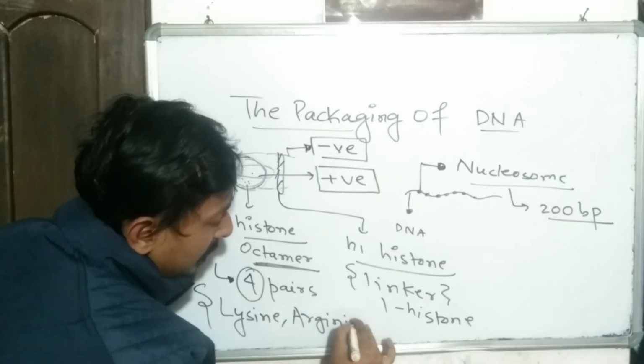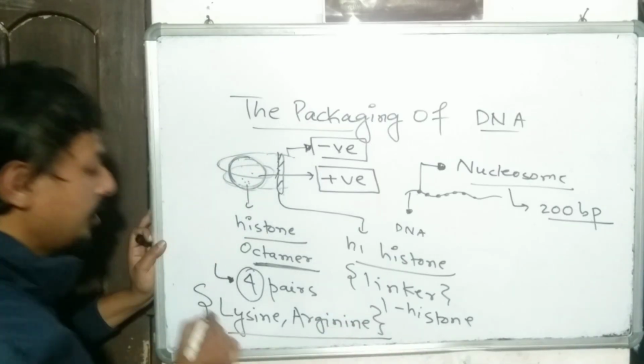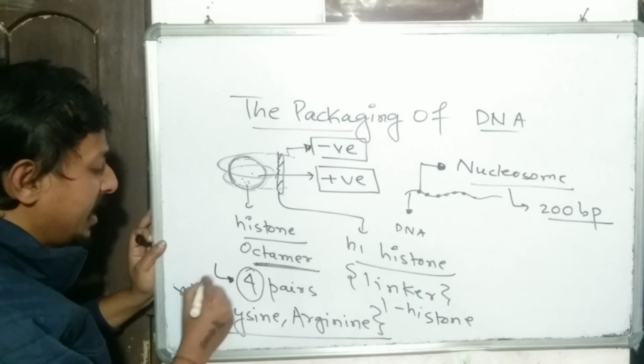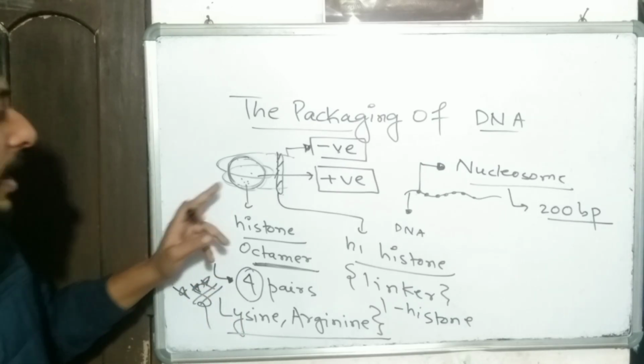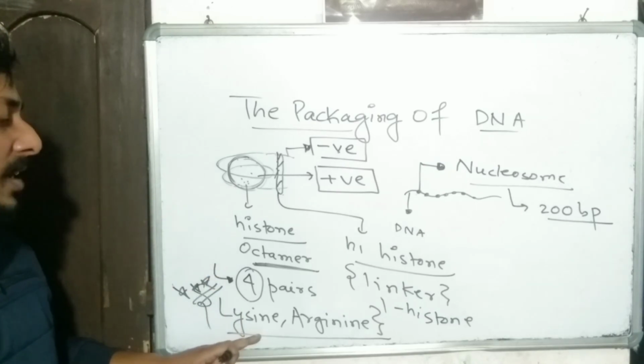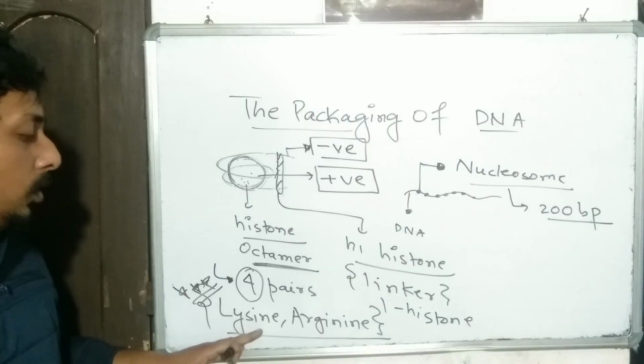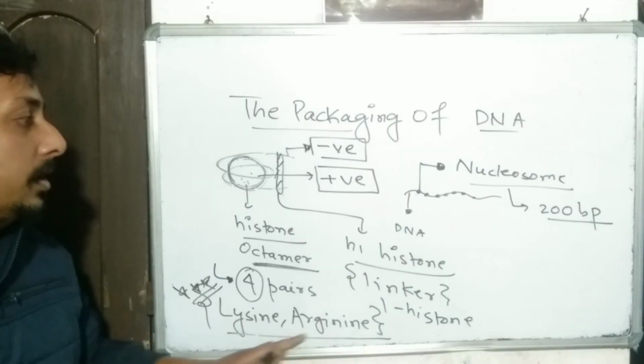Very important question. This appears in many exams in past years. You have to remember the names. Histone proteins are rich in basic amino acids known as lysine and arginine.